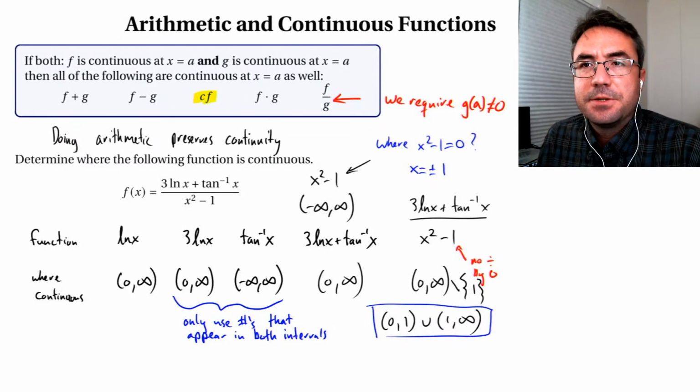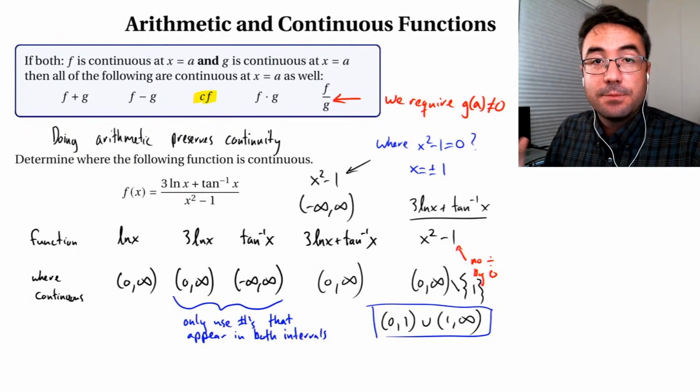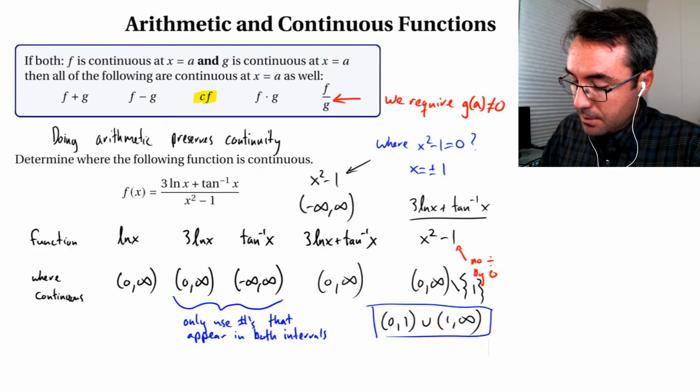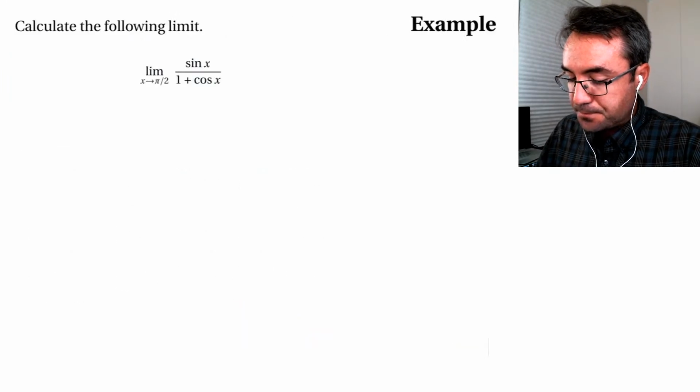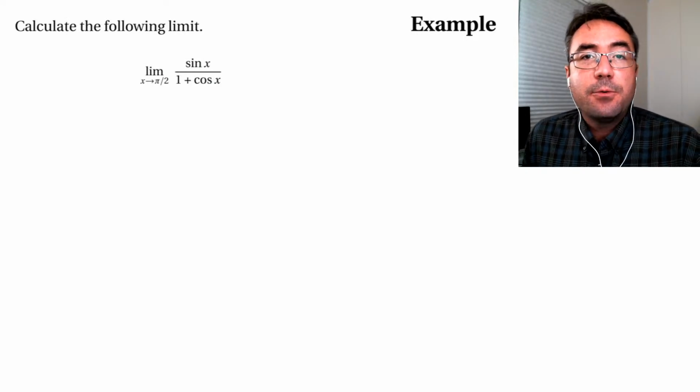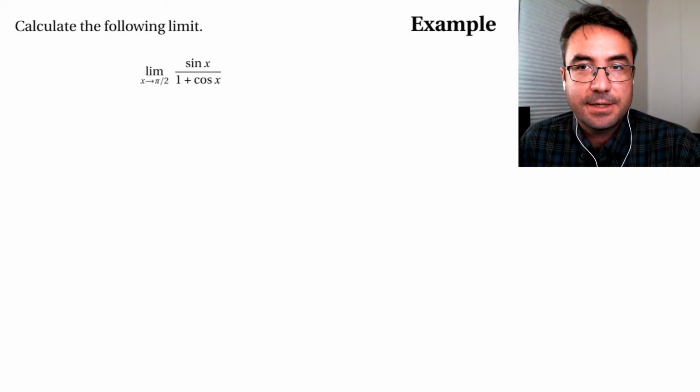All right, so that's continuous functions in terms of algebra or regular arithmetic. Now let's look at another one and see, again, how continuity can be used to evaluate a limit. So let's look at the function sine x over 1 plus cosine x as x approaches pi over 2.